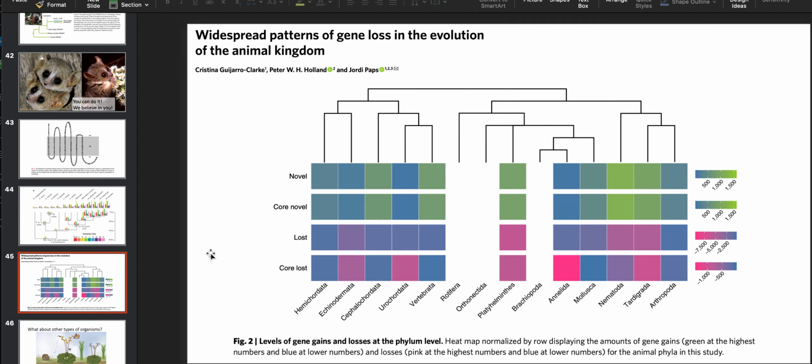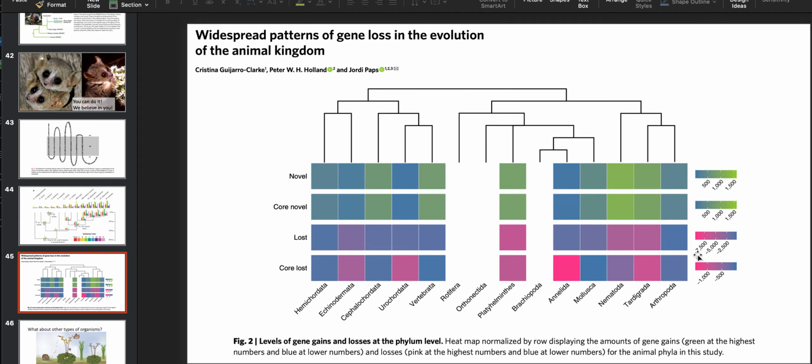We're really still starting to understand what the major big picture macroevolutionary patterns of gene loss and gain are on really big timescales. This is from a really recent study that came out just a month ago maybe, that looks at patterns of gene loss and novel gene gain in different major lineages of animals.